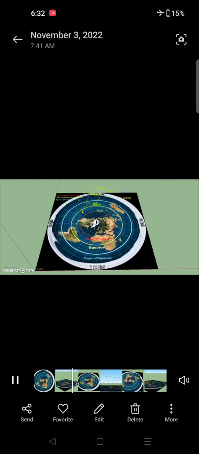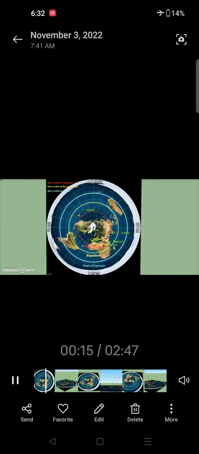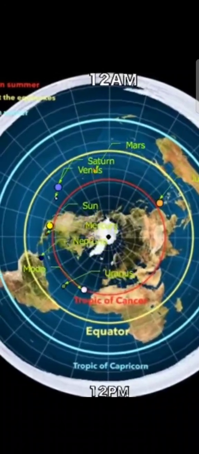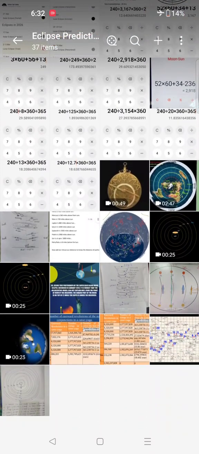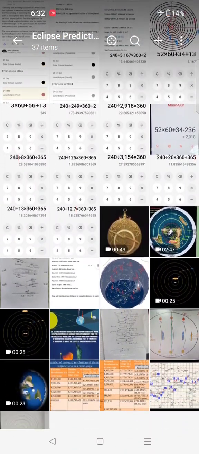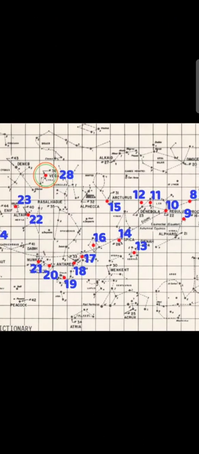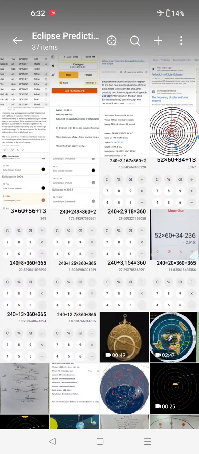This is our model, how it looks from the side angle, and this is how it looks from the top view: the Sun, Moon, and zodiac are all rotating, and the constellations of the zodiac signs are changing. Hope you have understood. I have searched in many constellations, the 28 constellations. I have put stars, nakshatras, and they also match exactly in all positions. This is the final position.